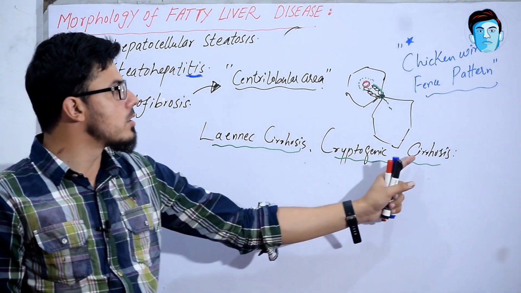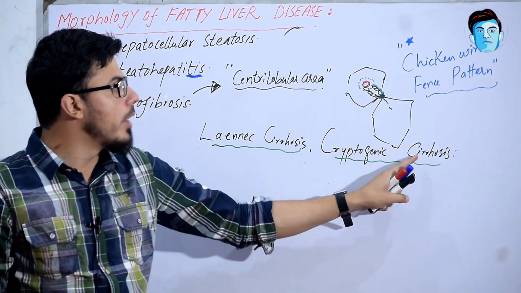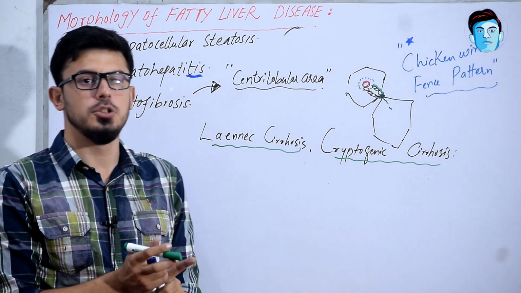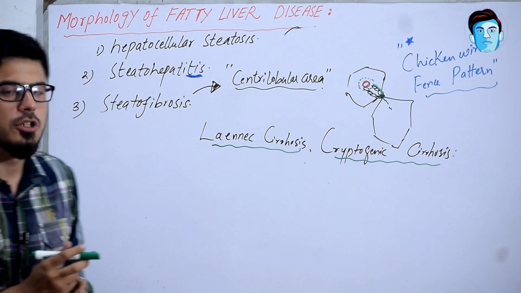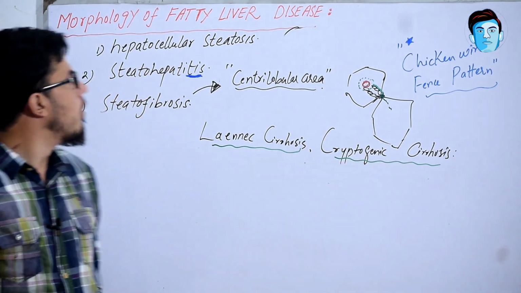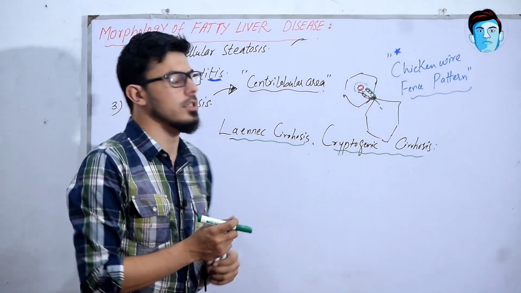And cryptogenic cirrhosis is the most dangerous form of liver disease, where the liver is completely destroyed, even devoid of fatty tissue, completely shrunken and disrupted. So that is cryptogenic cirrhosis. Hopefully students, you are following till now. That's all about the morphology of fatty liver disease. Thank you so much.